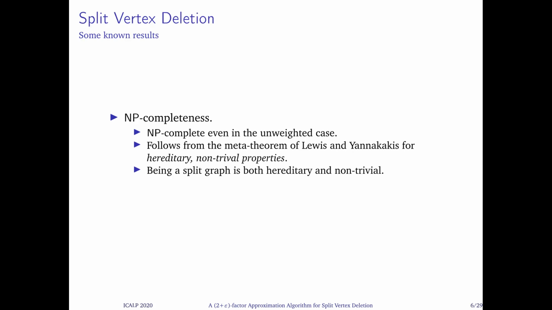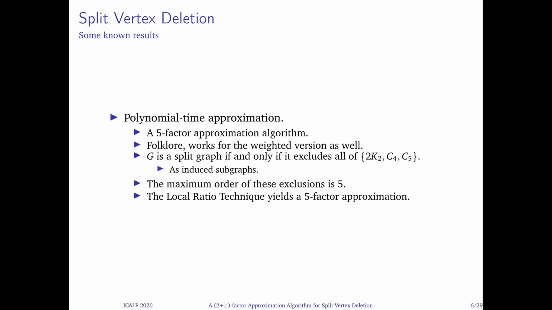This problem is known to be NP-complete from the meta theorem of Lewis and Yannakakis, essentially because if you delete any vertex from a split graph, what remains is also a split graph. There is a folklore 5-factor approximation algorithm for the problem in polynomial time.